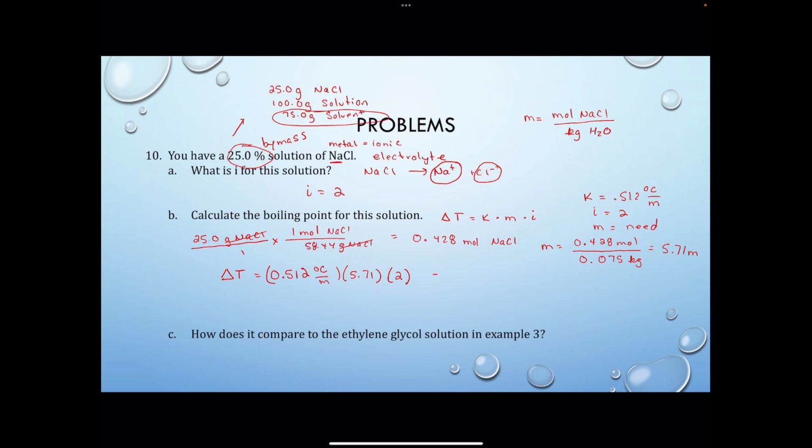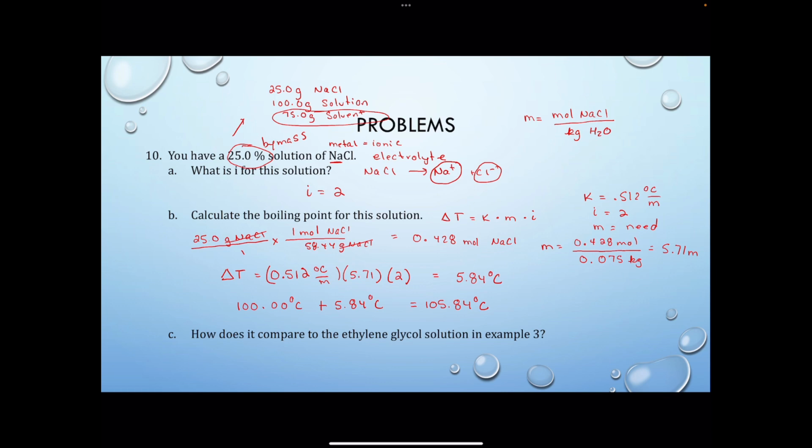So that's going to give me a temperature change of 5.84 degrees Celsius. So if I want my new boiling point, I have to take the original boiling point of water, and I'm going to add my temperature change, so that my new boiling point is 105.84 degrees Celsius.